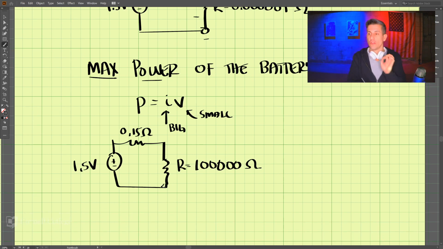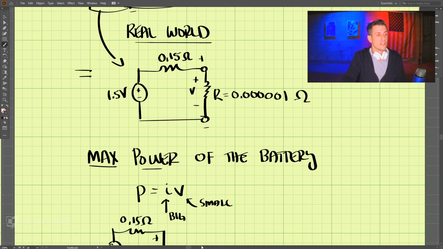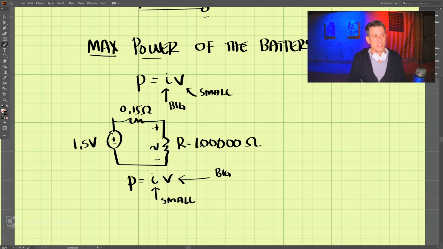If I do that and look at the power, it is equal to I times V. And this time, the voltage across here is going to be big, but this current is small. So this one gets a big current but a small voltage, and this one gets a small current and a big voltage.